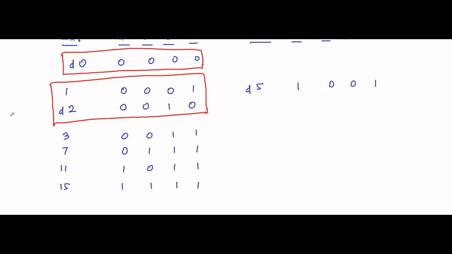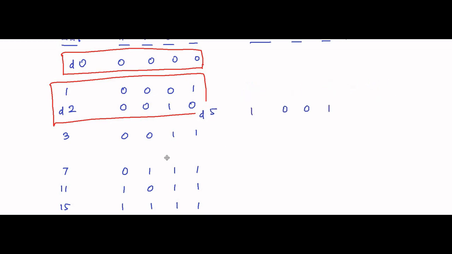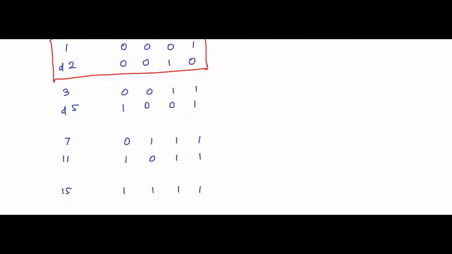Then we have double 1 bits. Here 3 has two 1 bits and 5 has two 1 bits, so they will be grouped in one category. So here we have 3 and D5, which means the don't care minterm 5, consisting of two 1 bits, is put into the same group.